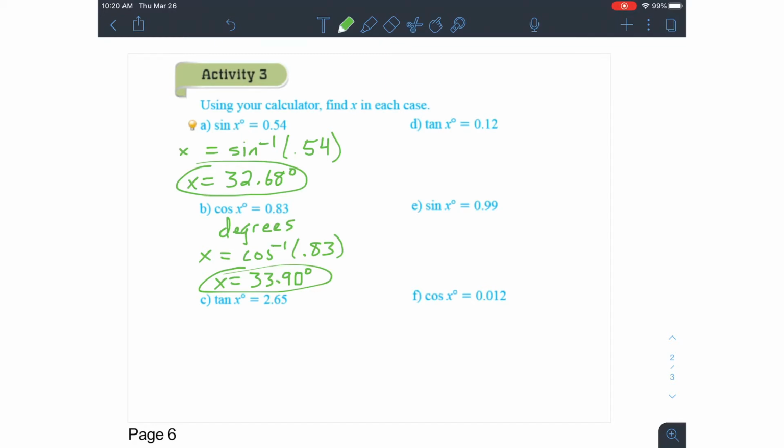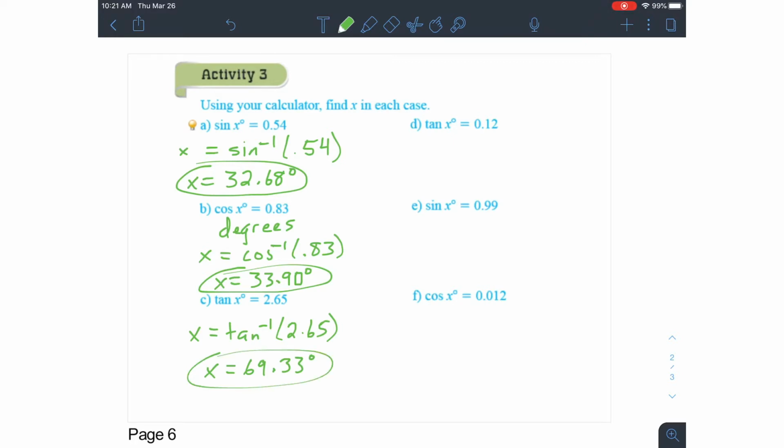Okay, next one then we have tangent. We need arctangent of 2.65. And that is going to be 69.33 degrees. And then just so on.